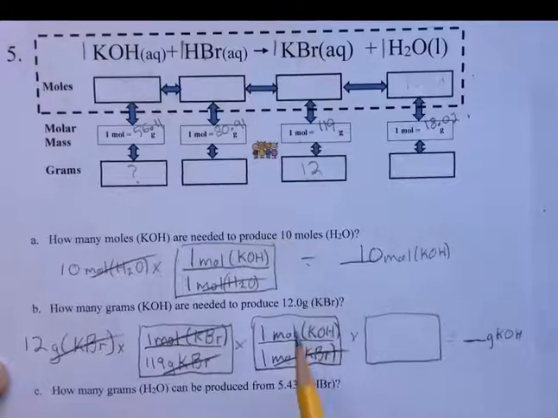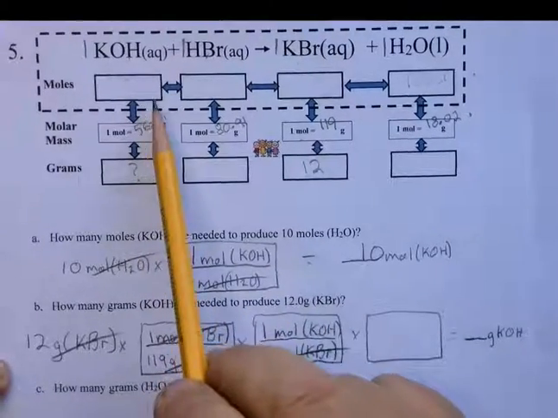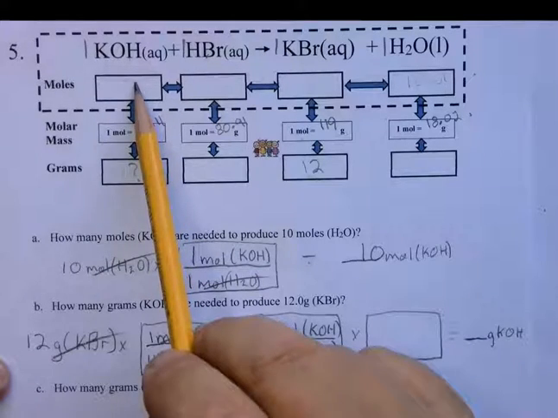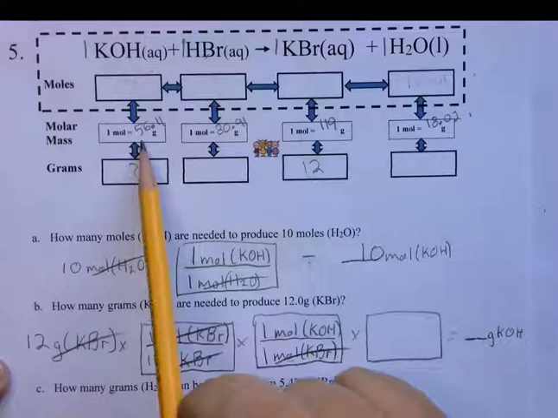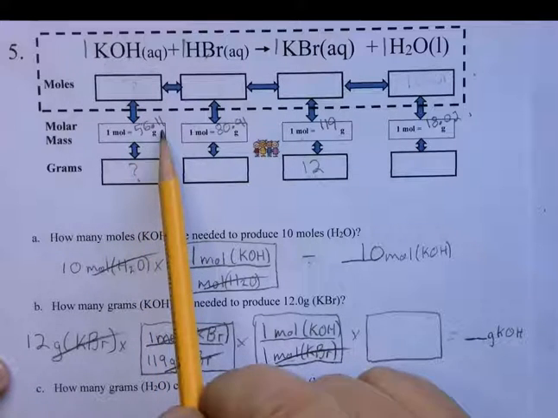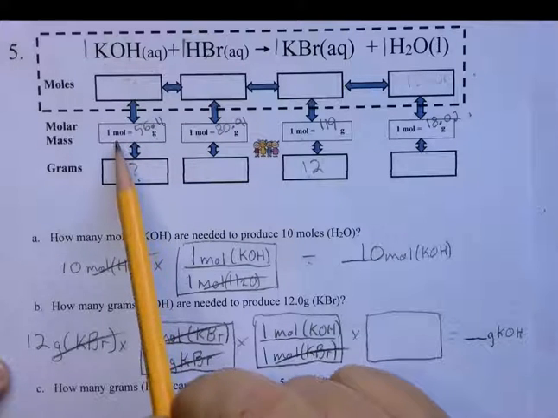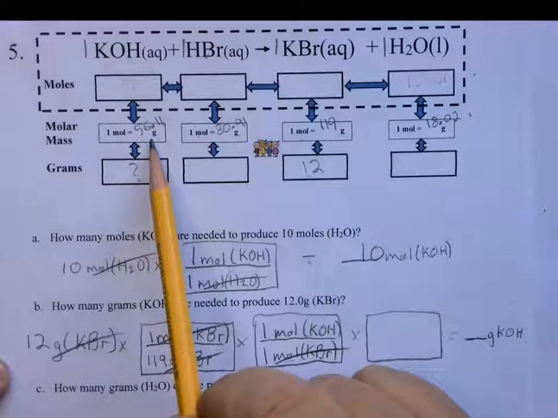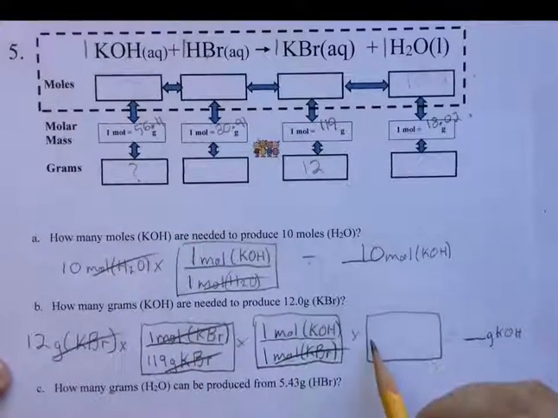Cancels, cancels. Now we've got to go from moles of KOH to grams of KOH using the molar mass conversion. So it's either 56.11 grams of KOH over 1 mole of KOH, or 1 mole of KOH over 56.11 grams of KOH. Well, it looks like we need moles of KOH on the bottom.